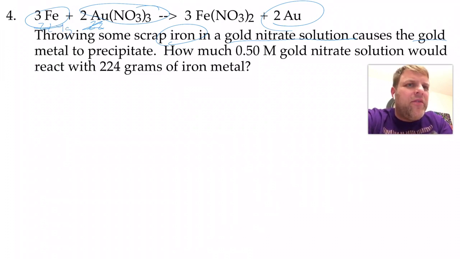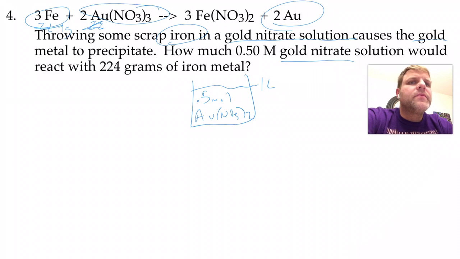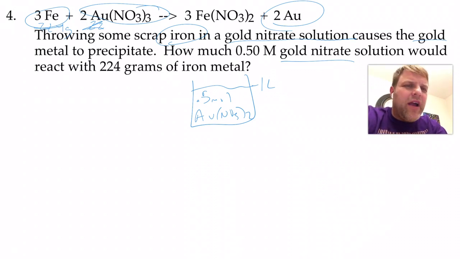So remember that if we've got 1 liter of the gold nitrate, that means we've got 0.5 moles of AuNO3, 2. Okay, and we've got 224 grams of iron metal. Well, for every 55.8 grams of iron, there is 1 mole of iron.